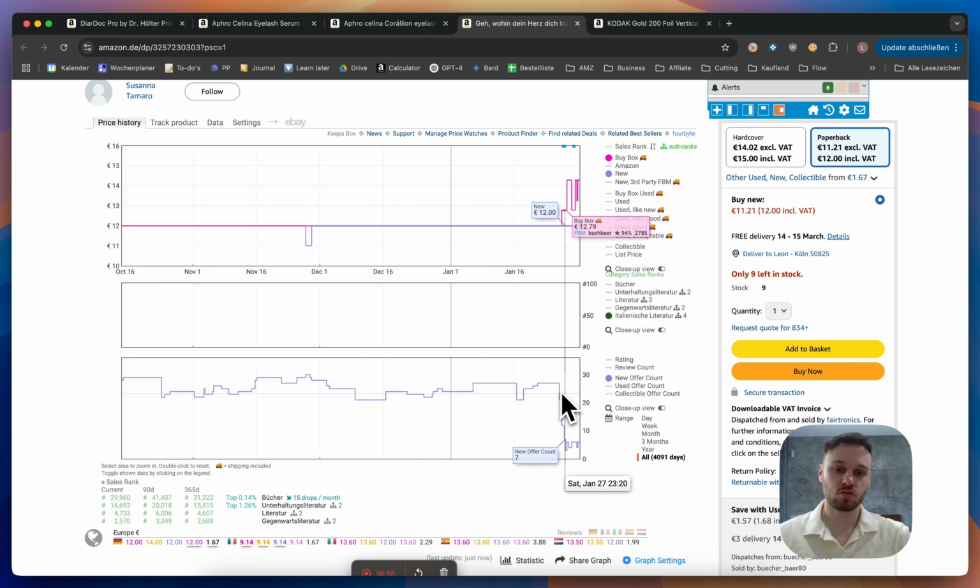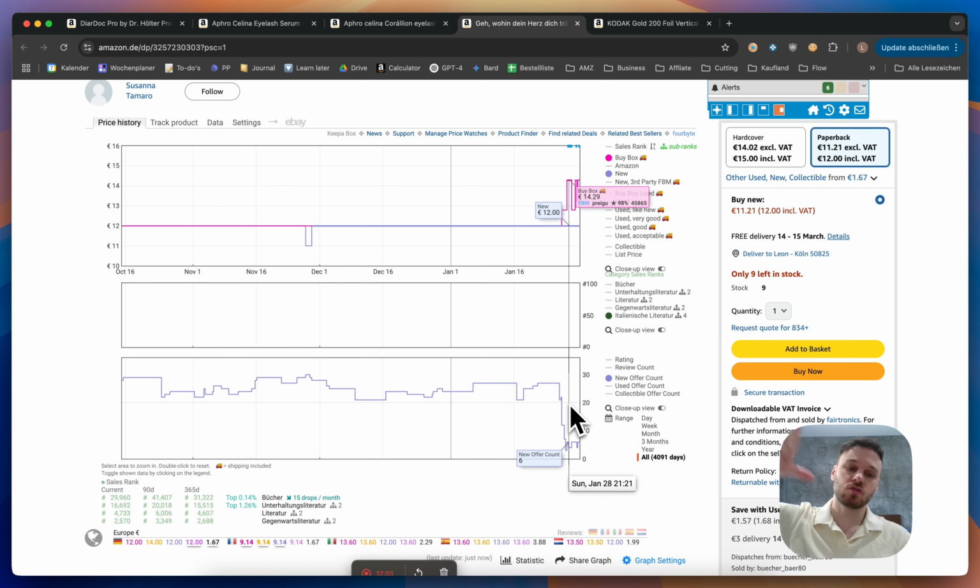Sometimes super hard drop-offs can happen, but then the sales rank also goes down super hard, because as we know, when the sales rank goes down, the sales skyrocketed at this moment, and everyone maybe just went out of stock with this product because maybe they only had like 2 or 3 or 4 in stock of something, and the product got super hyped.